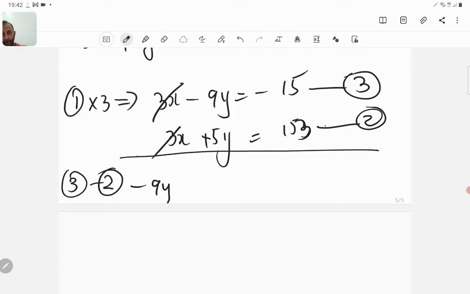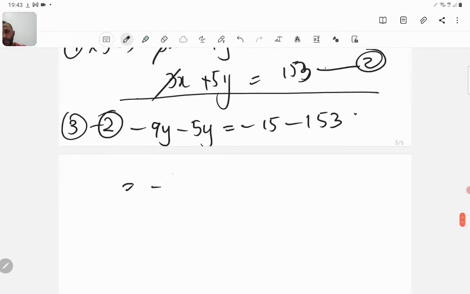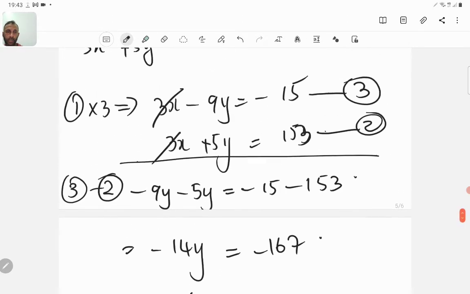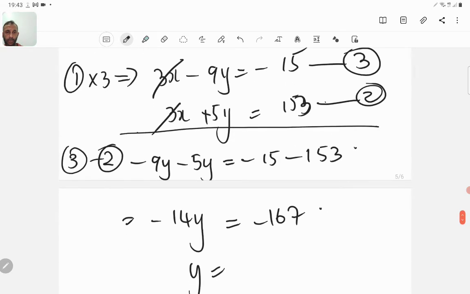Minus 9y minus 5y is equal to minus 15 minus 153, so minus 14y is equal to minus 168.